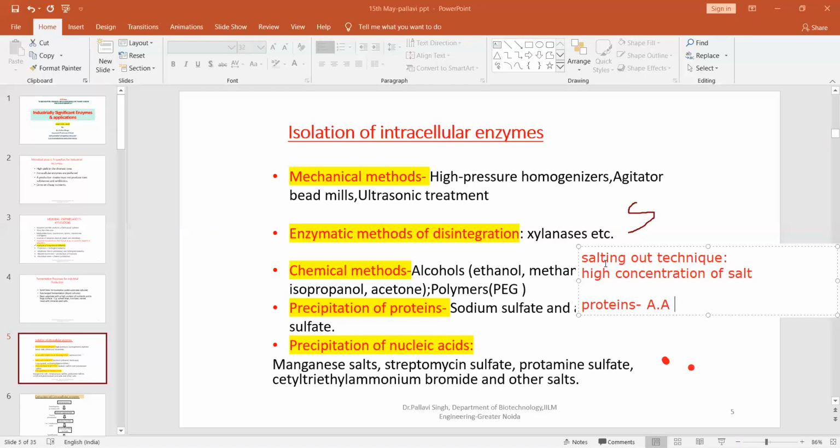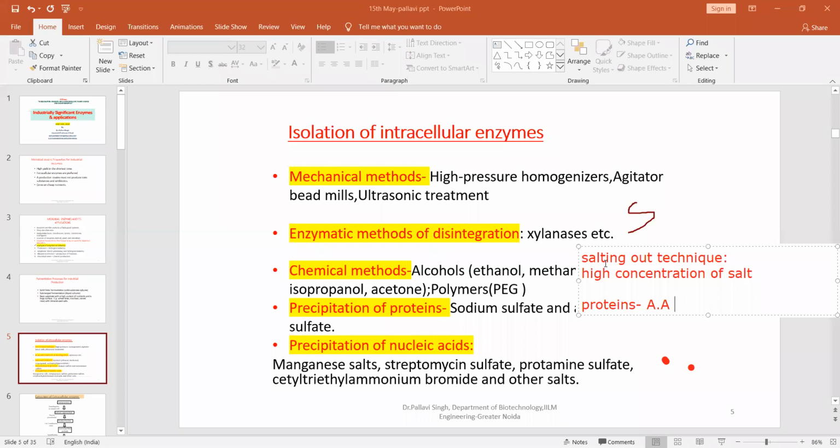So what happens is that when we add a salt to a solvent having protein, that salt has more affinity towards water molecules. So the salt will form bonds with the water molecules. As a result, the number of water molecules left free to interact with the hydrophilic amino acids of the proteins reduces.